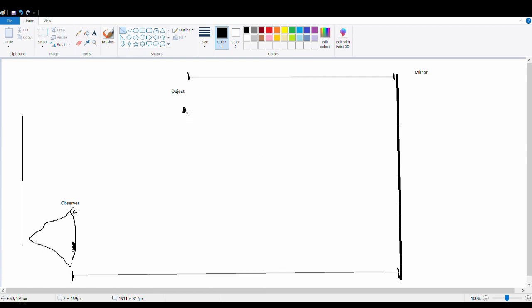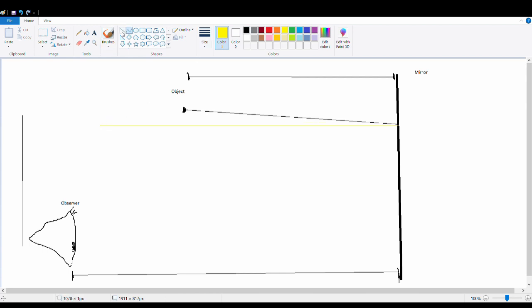For example, if we draw this angle right here and then a normal, let's draw it a little bit clearer. Okay, so if we draw a normal line like this, also like this, normal to the mirror.